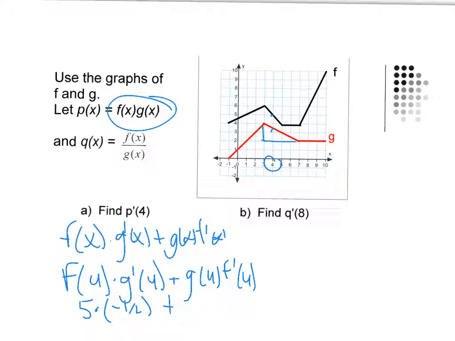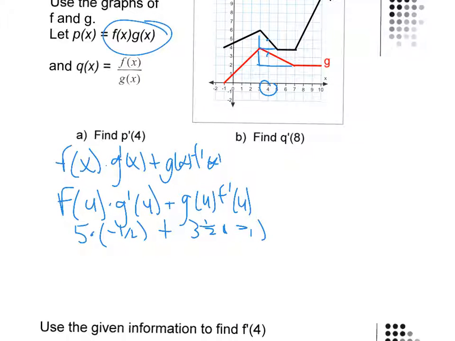Now, if you look at G of 4, it's going to be like 3.5 if you look at the y-axis. And then f prime of 4, if you look at the slope here, is going to be negative 1. So that's what you plug in. And then you just simplify.